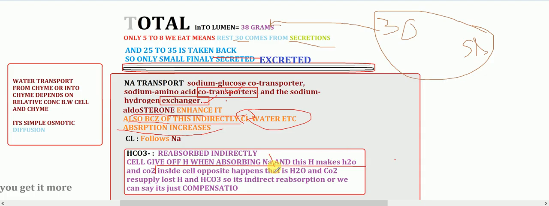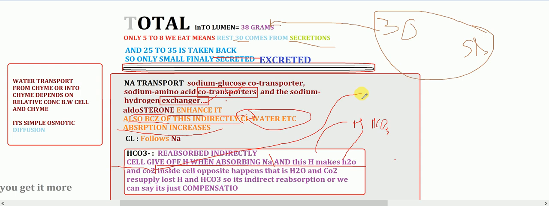Then this hydrogen gets out of the cell into the lumen of the intestine, and in the lumen it attaches itself to the bicarbonate ion, and guess what? This bicarbonate ion then splits into water and carbon dioxide. And this carbon dioxide then migrates to the lungs and is expired out of the body.